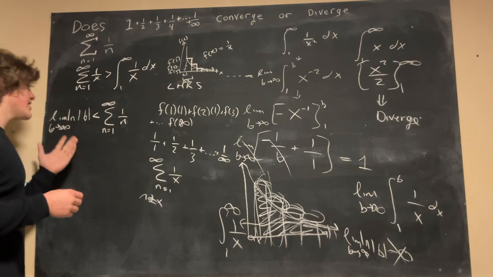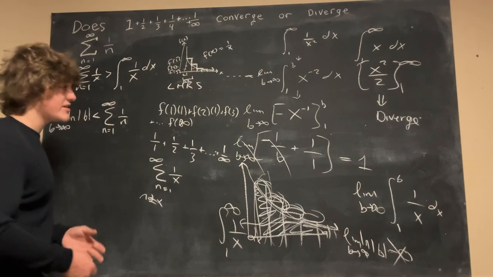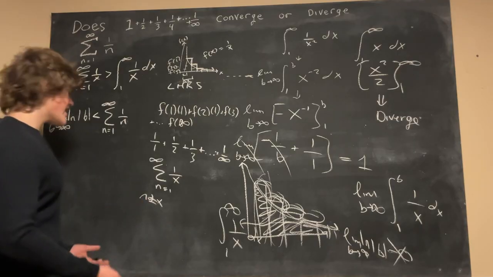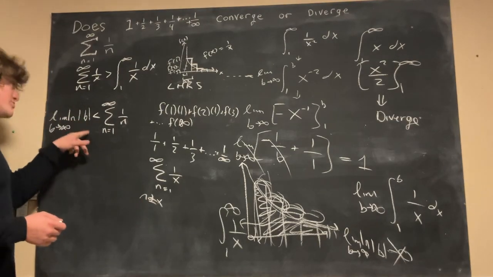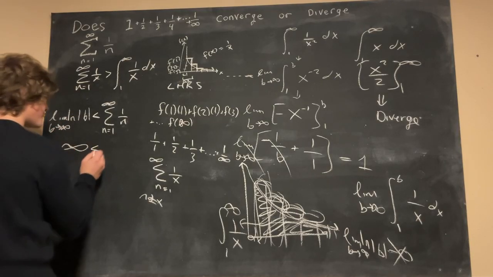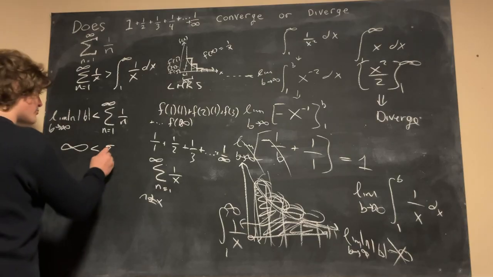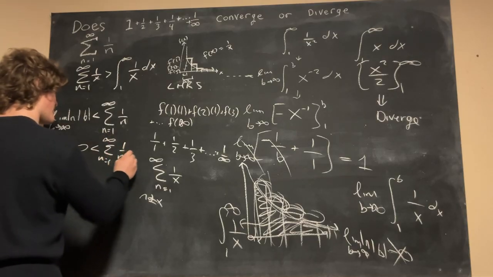You could plug in any number, since this is the inverse of e to the x, and you could plug in something approaching infinity to e to the x. That means that the limit as b approaches infinity of the ln of the absolute value of b is just going to be infinity, essentially. So this is saying that infinity is less than our sum from n equals 1 to infinity of 1 divided by n.